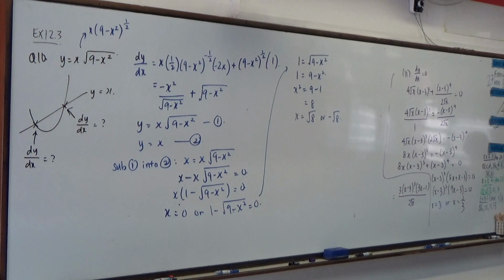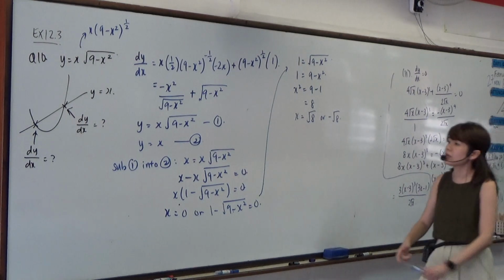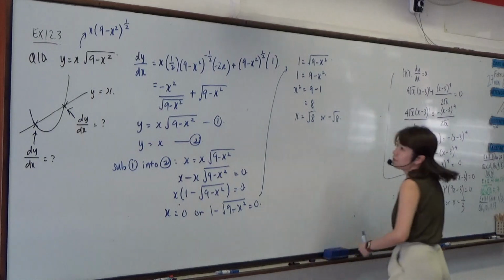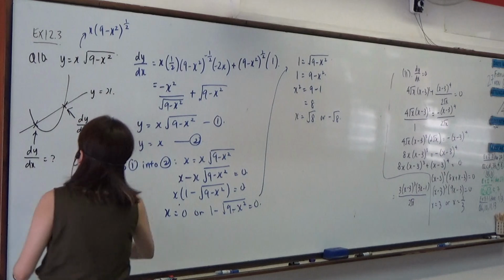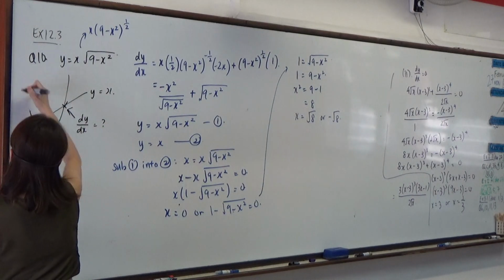y equals x square root of 9 minus x squared. Because actually the graph of y equals x square root of 9 minus x squared looks something like that.